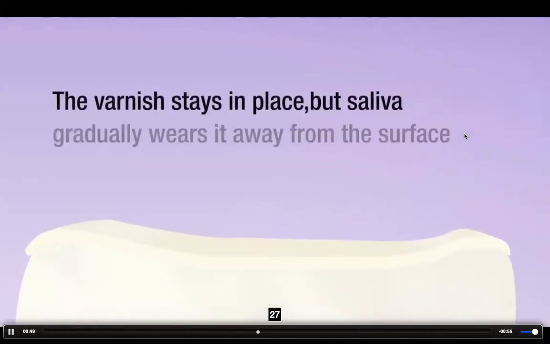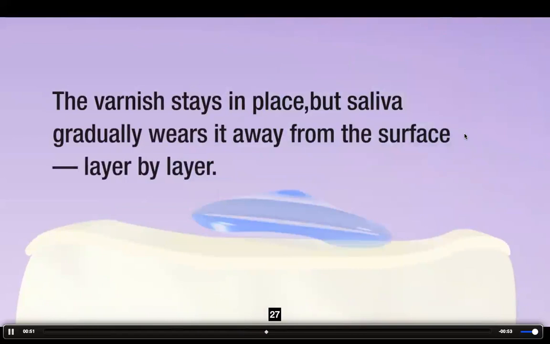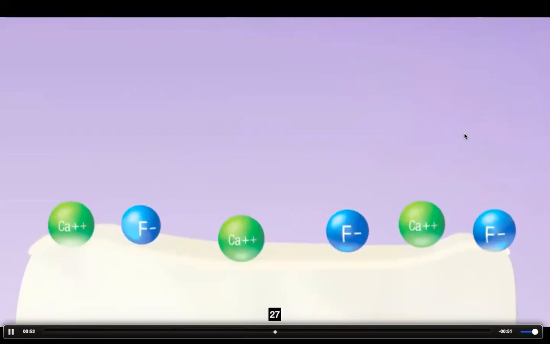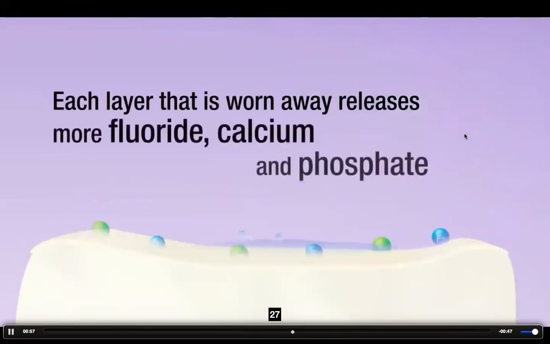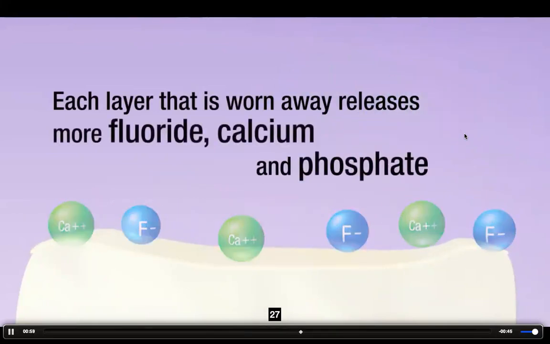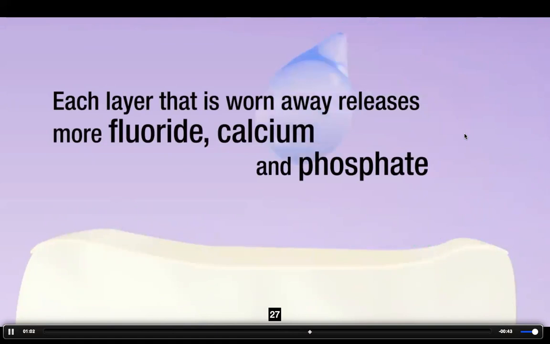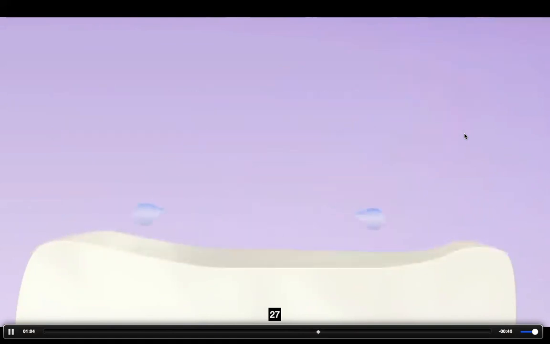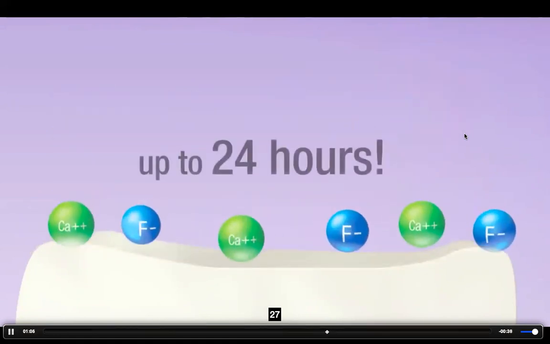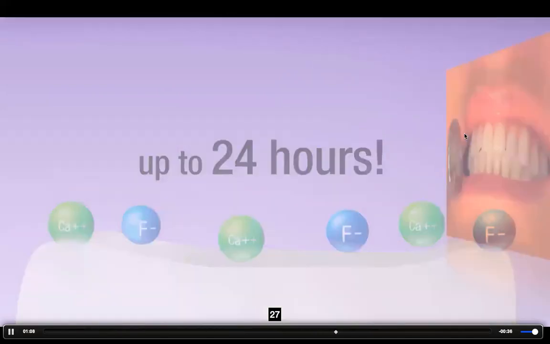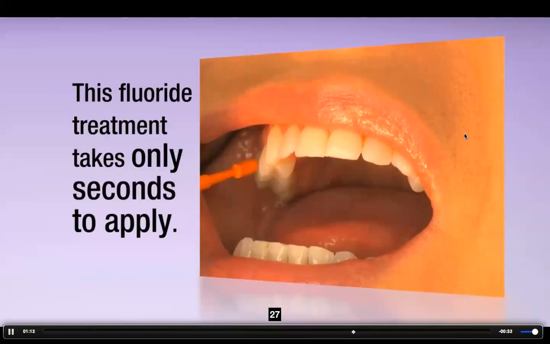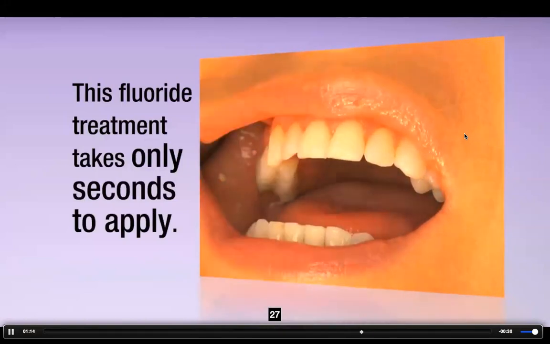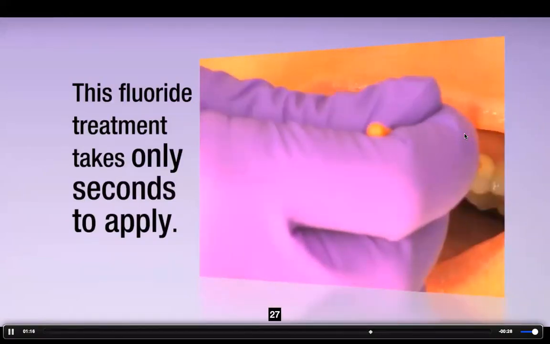The varnish stays in place, but saliva gradually wears it away from the surface, layer by layer over time. Each layer that is worn away exposes and releases more fluoride, calcium, and phosphate. It continues to release fluoride, calcium, and phosphate throughout the recommended treatment period, up to 24 hours. This fluoride treatment takes only seconds to apply. It's as simple as applying a thin layer over the recommended treatment areas.